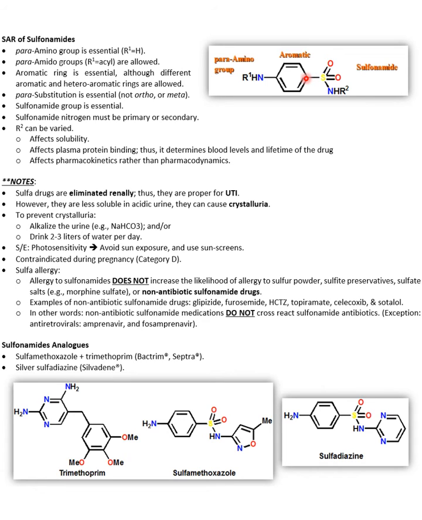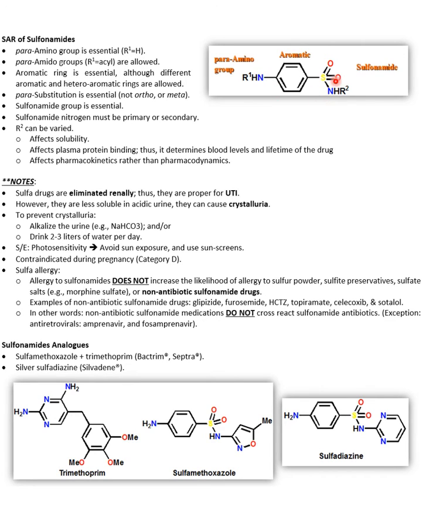Just in case you forgot what it means for a para position, this position is called para, this is called meta, this is called ortho. None of these positions would work. The amino group has to be in this position, which again agrees with the structure of the substrate that it is mimicking, that is the para-aminobenzoic acid, such that it can bind to the binding sites.